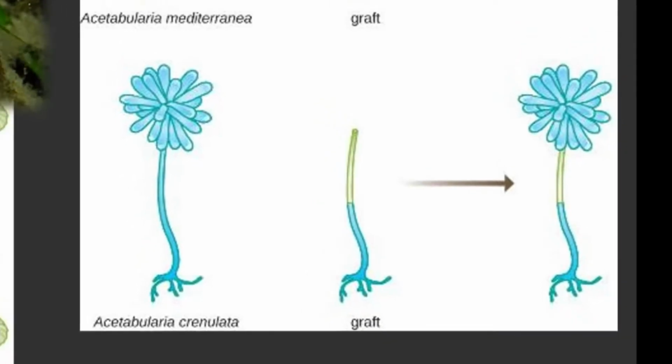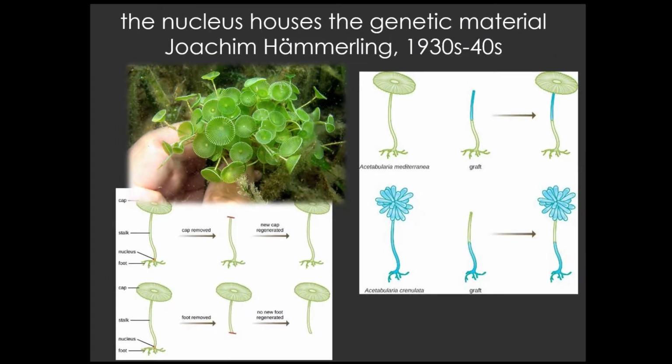So this was a really interesting experiment done on microorganisms that showed in the 1930s and 40s that the information to how to make cells, the information that we today call hereditary information, was found in the nucleus of these cells. And he was able to do that because he was working with a very large single-celled organism.